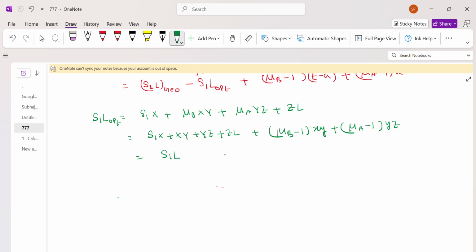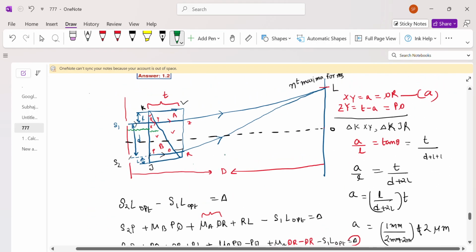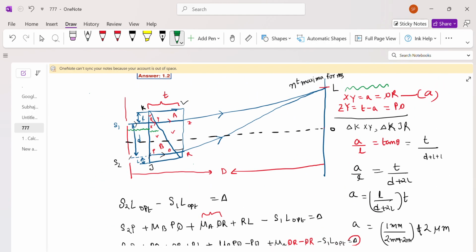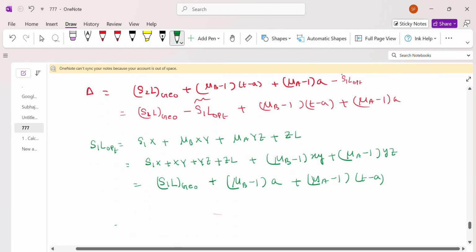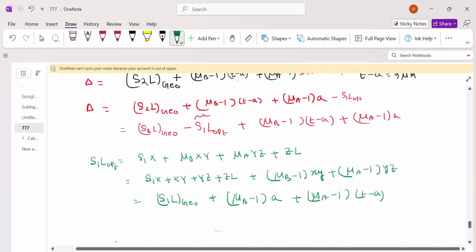Now this is nothing but S1L geometrical, because if there was no box there, the geometrical path and the optical path would have been identical because the refractive index is 1. So this is mu b minus 1 into xy, which is a, plus mu a minus 1 into t minus a. Got it? So xy is a and yz is t minus a. Using these two equations, we are writing this.